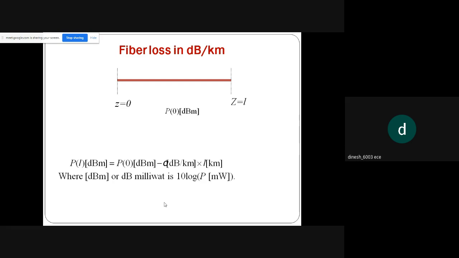So power at the receiver, along the fiber having a distance of L, in decibels is equal to P0 in dBm minus alpha in dB per kilometer into L, the length, where dBm is decibels milliwatt, which is equal to 10 log of power measured in milliwatts.